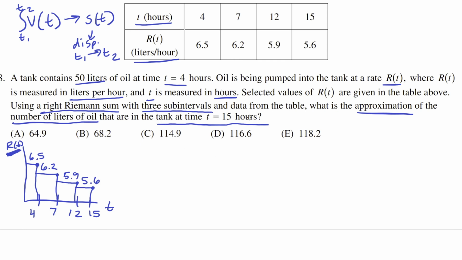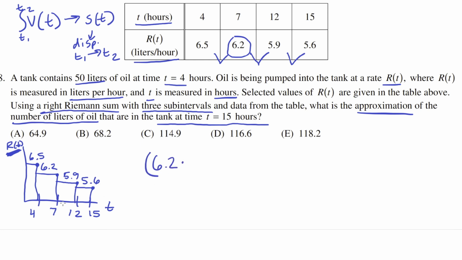So we can use a right-Riemann sum to approximate this area under the curve. And the question asked us to use 3 subintervals. So that means we'll use the interval from 4 to 7, from 7 to 12, and from 12 to 15. For our first interval, we're going to use the rightmost y value as the height of our rectangle. So in this case, it's going to be 6.2.